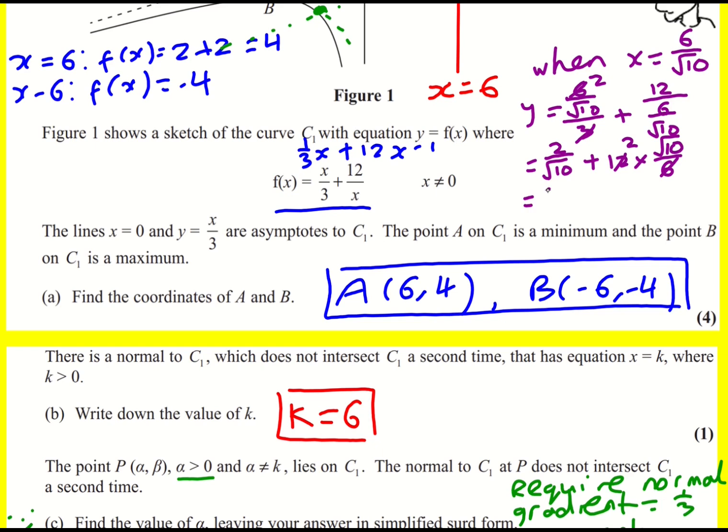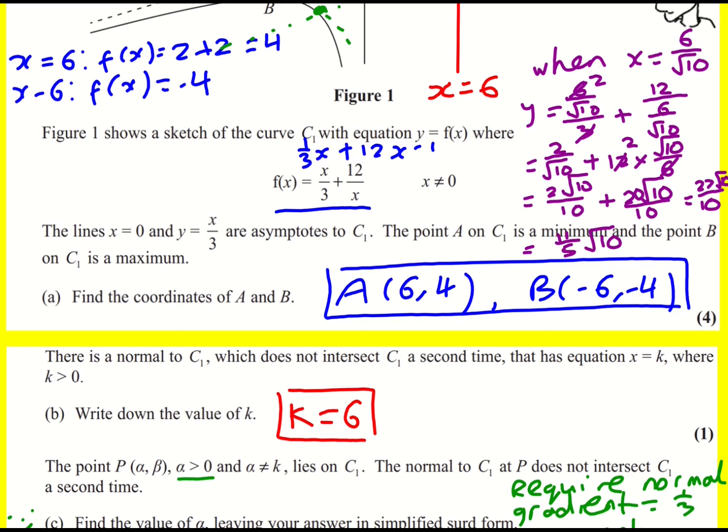I can rationalize the denominator here, so I get 2 root 10 over 10 plus 2 root 10, which I could write as 20 root 10 over 10, which gives 22 root 10 over 10, or 11 over 5 root 10.